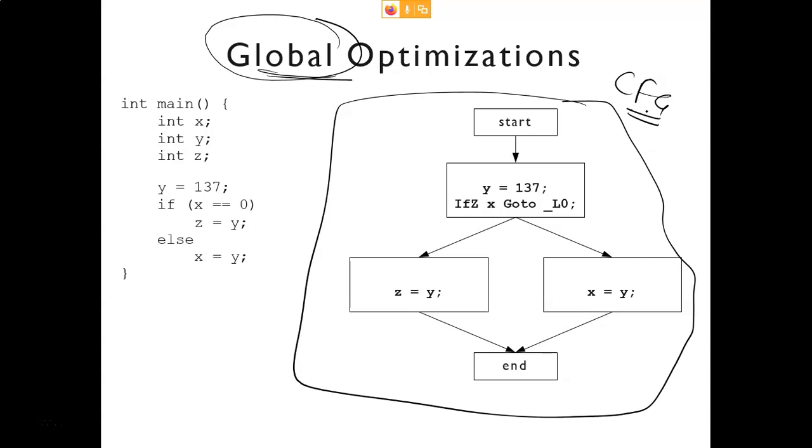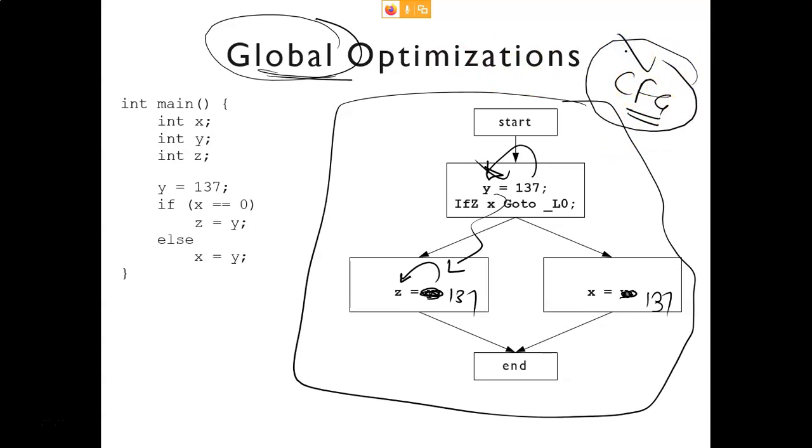In this basic block, we have Y equal to 137, so you can apply constant propagation here. You can replace this Y with 137, and similarly this Y with 137. But now you are doing constant propagation between the basic blocks, so you can say this is global optimization, because you are performing optimization on the complete CFG.